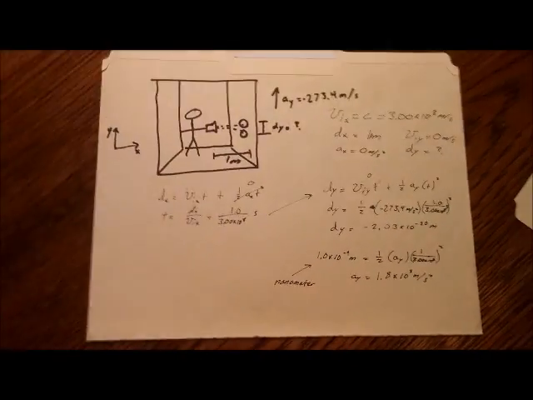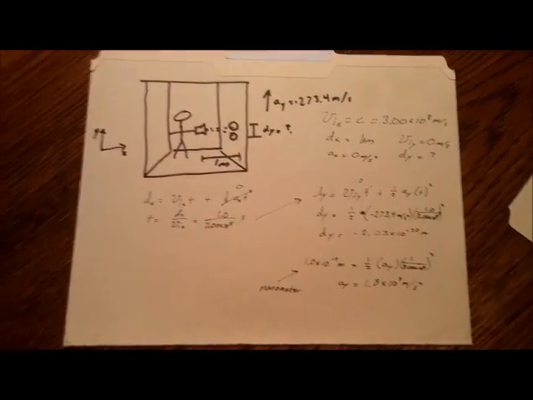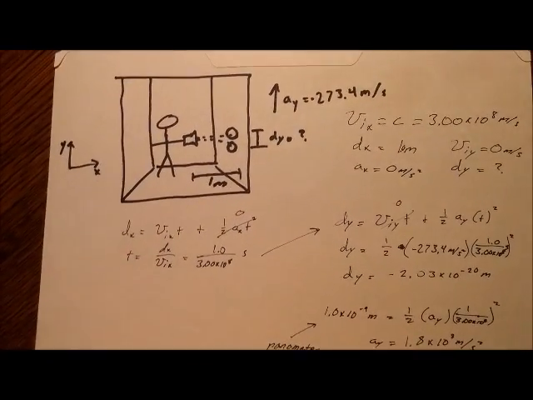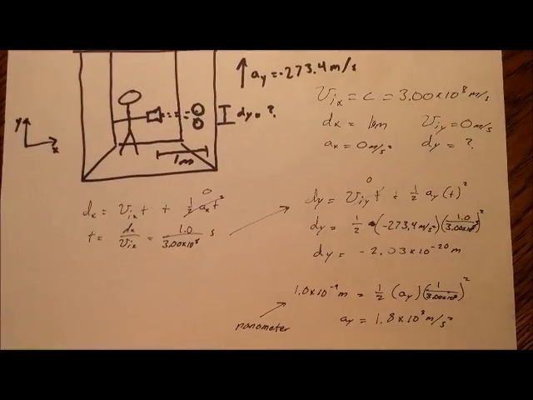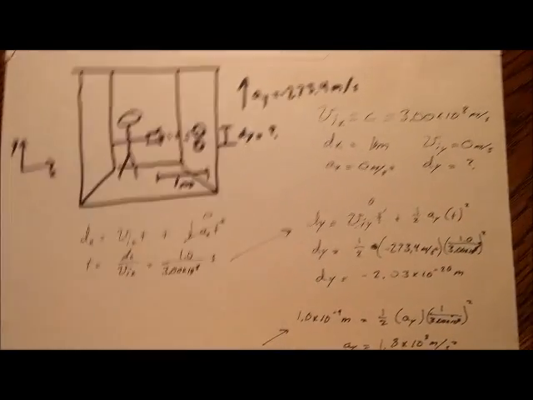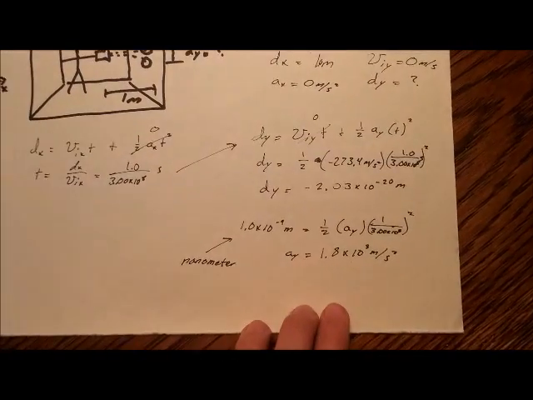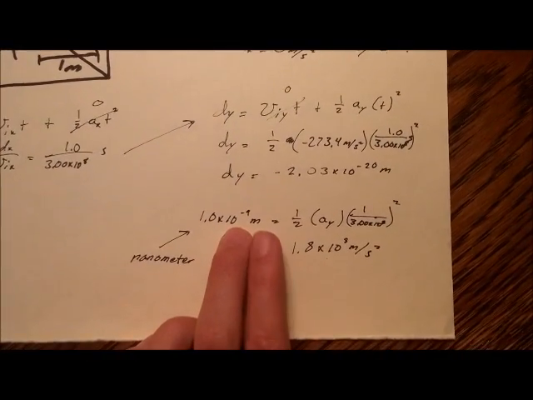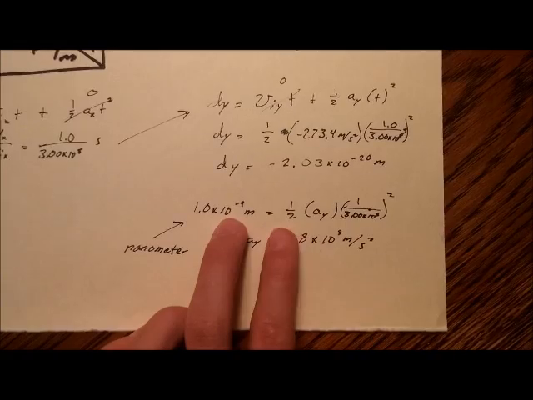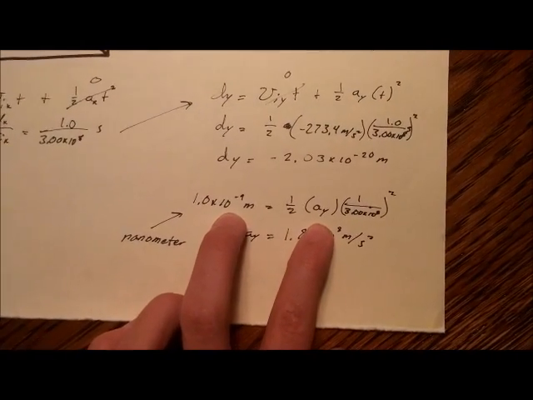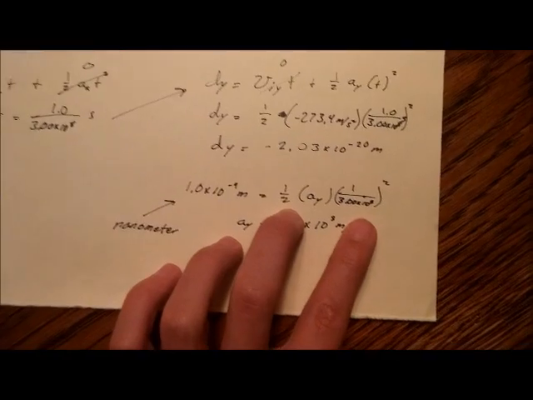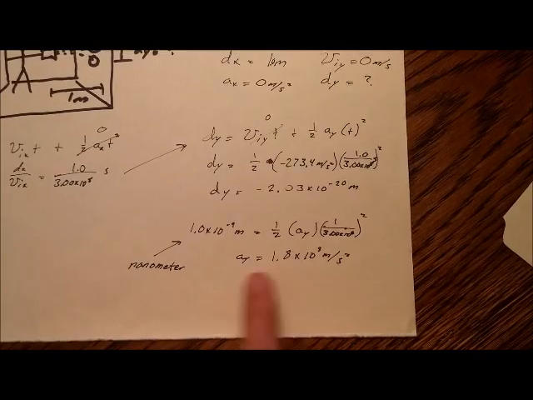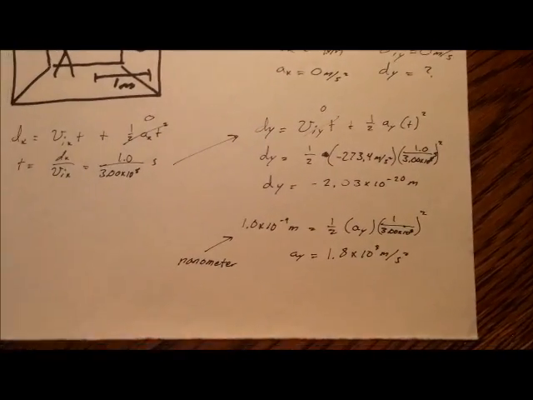So what we looked at next was if we could find the acceleration needed to change the distance in the y direction by 1 nanometer, because we are able to observe nanometers. So we put the 1 nanometer in place of dy, and that equals 1/2 times the acceleration we were looking for, times the time it took for the light to hit the wall, and we got that the acceleration needed would be 1.8 times 10 to the 8th meters per second squared.